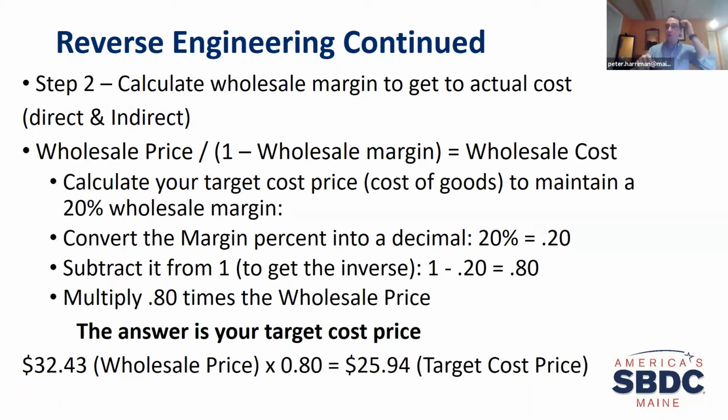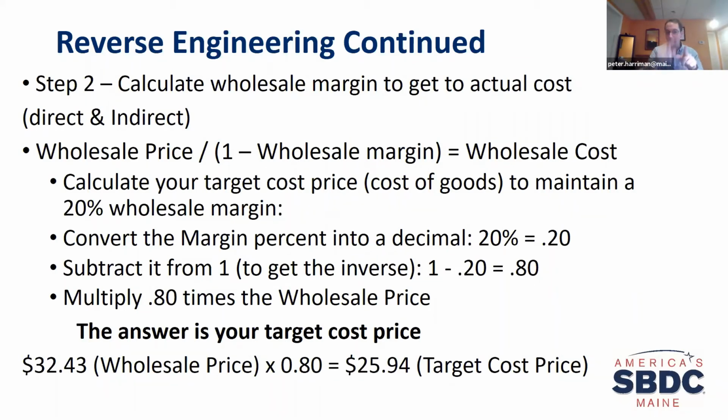So now in step 2, we're going to take the wholesale price that we got. We're going to work backwards using all the industry data that we might be able to get, either from the SBDC, from SCORE, from whoever, to try to get, okay, what do we think their target cost was? So now we are getting to what we think our competitors might be costing it out as, right?